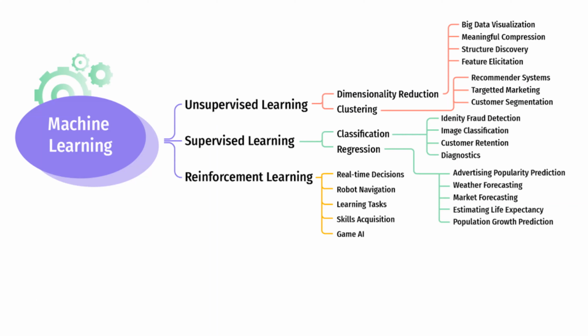For the subtypes of each, for example, in supervised learning, we use a classification model and a regression model. In unsupervised learning, we use dimensionality reduction and clustering models. In reinforcement learning, we use real-time decisions, robot navigation, and a lot of other things.